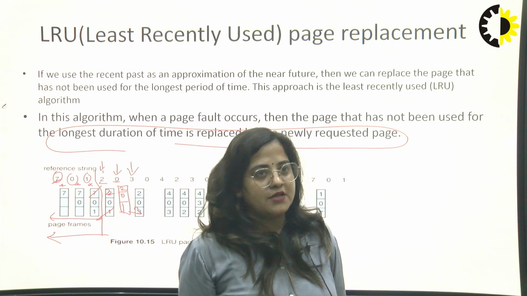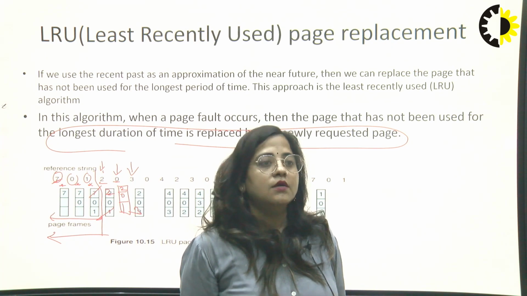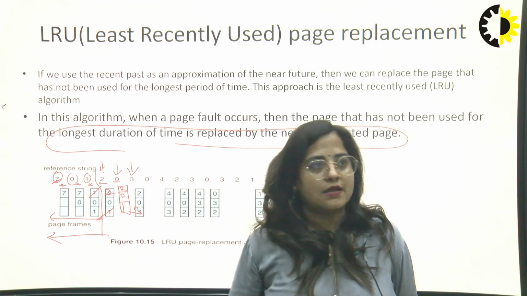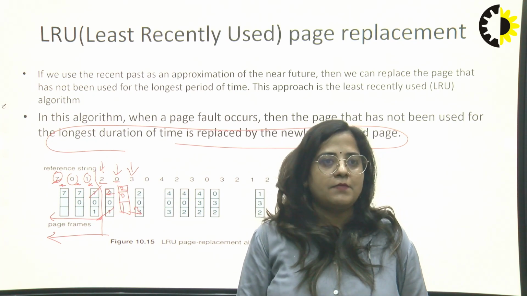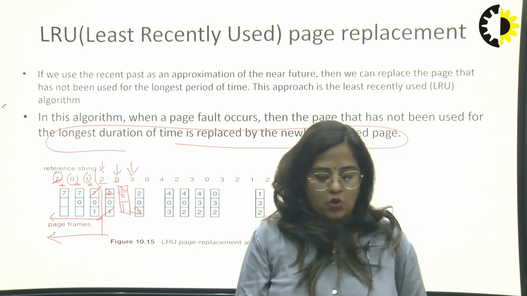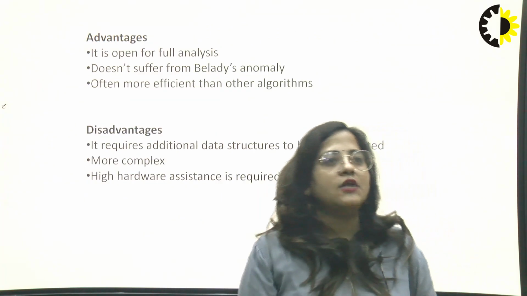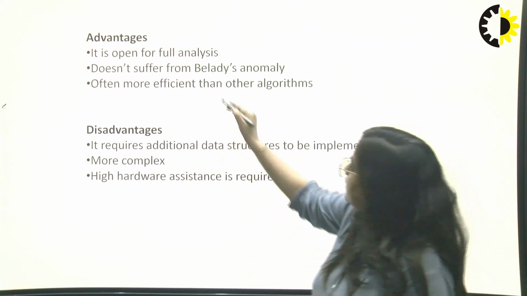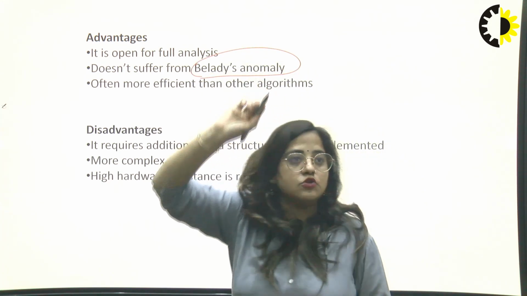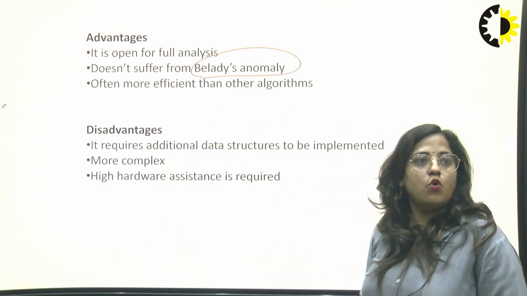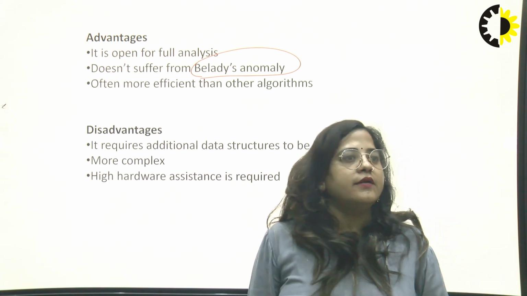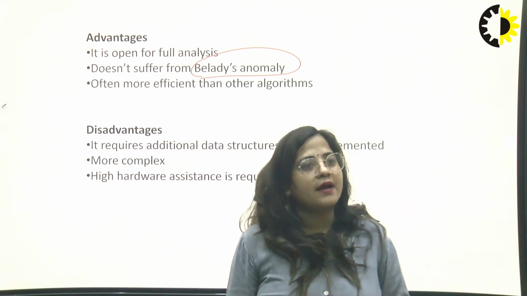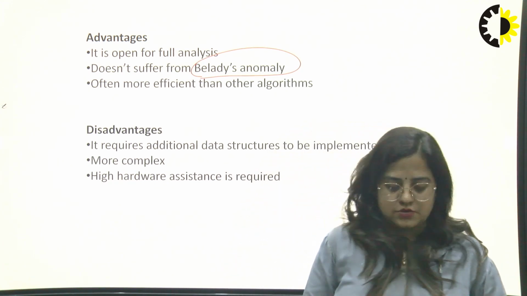The optimal page replacement algorithm is best, because its page faults are very few, so it is much better than all these algorithms. Its advantages are that it allows full analysis, does not suffer from Belady's anomaly, and is often more efficient than other algorithms. The disadvantages are that it requires an additional data structure, is more complex, and needs high hardware assistance.